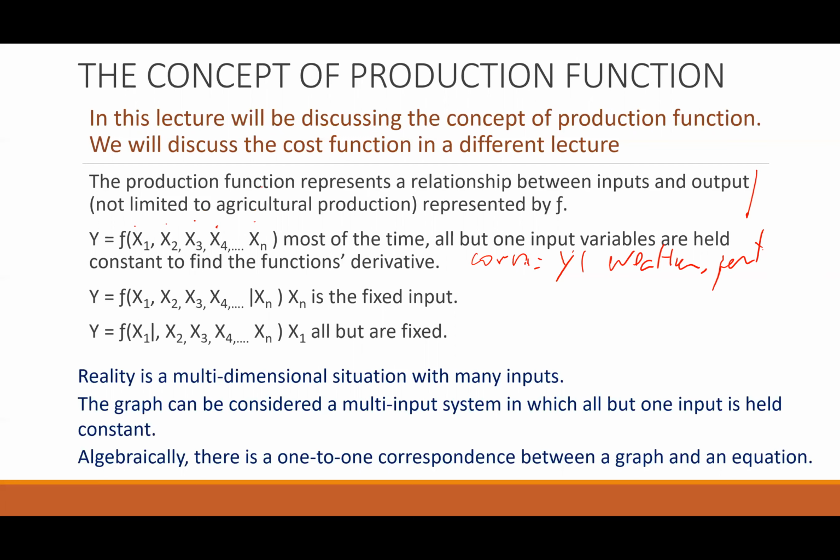Depending on the complexity of the model, we can have 20 variables or sometimes more that are functions of the output. That means that different quantity or level of those inputs determines how much yield of corn will be produced, or for cow, how much milk will be produced by a cow.